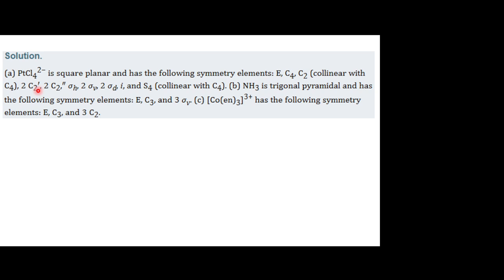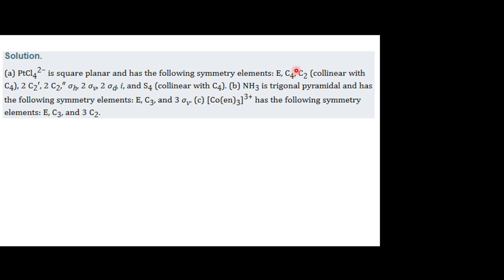I'm sorry, I'm just a little confused. The normal C4, where is that? That's the one going through this way, like a fan. You can rotate that four times.